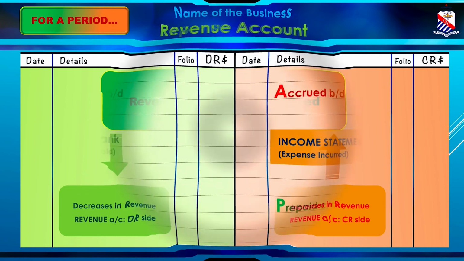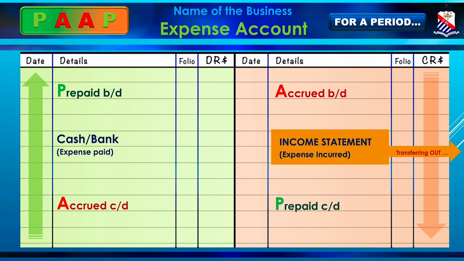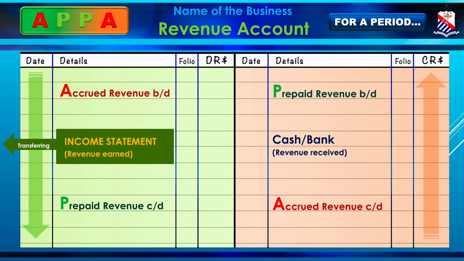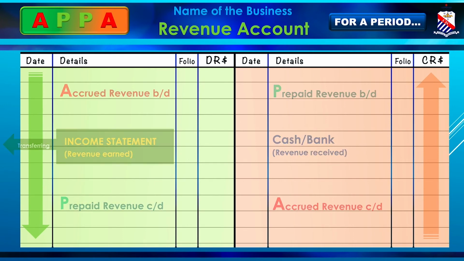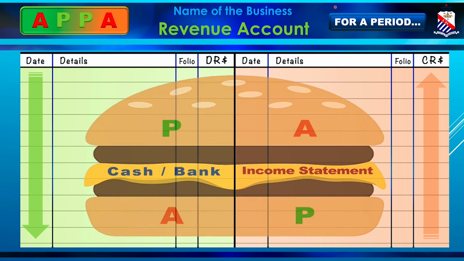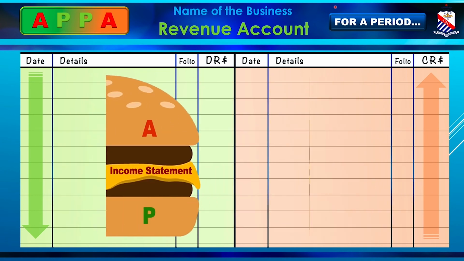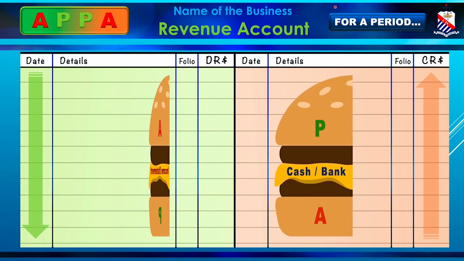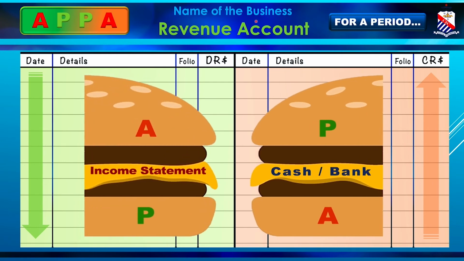They switch. So that means that the format, the expense account was PAAP for a period. The revenue account, because it switches, it will become what we refer to as APPA. So that means our burger switches sides and we will end up with APPA. But the entire burger switches.